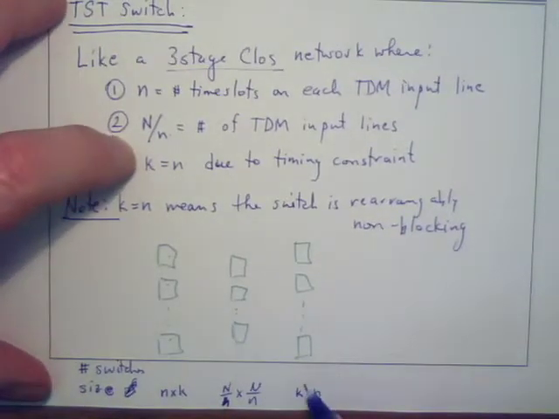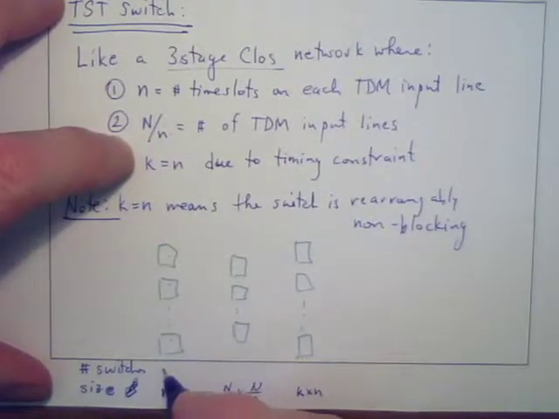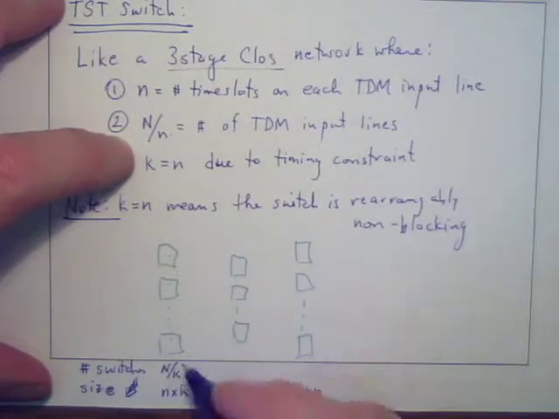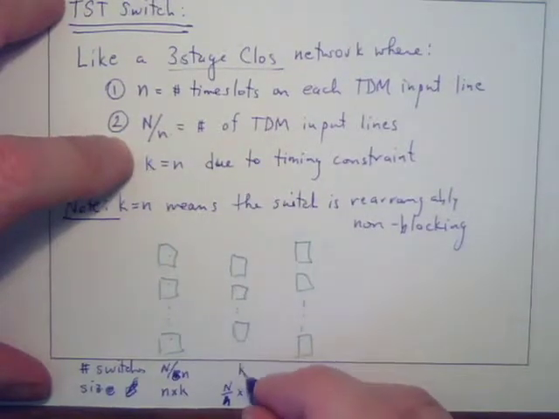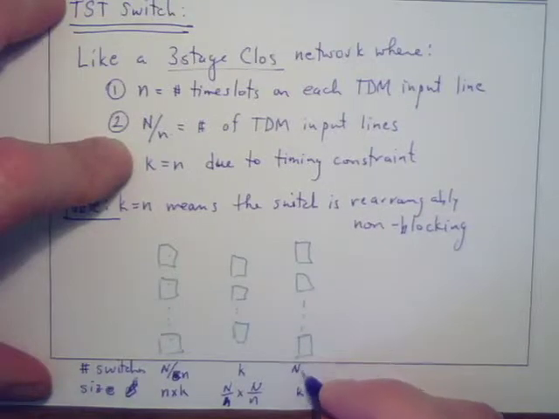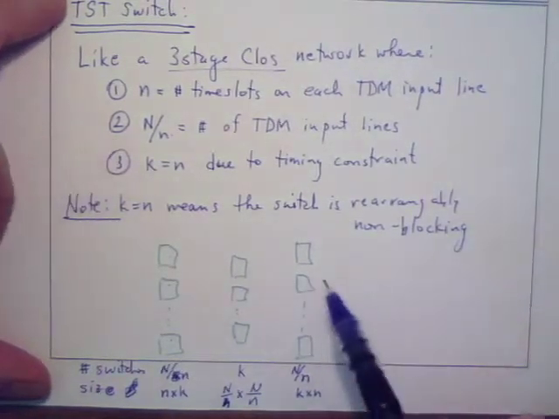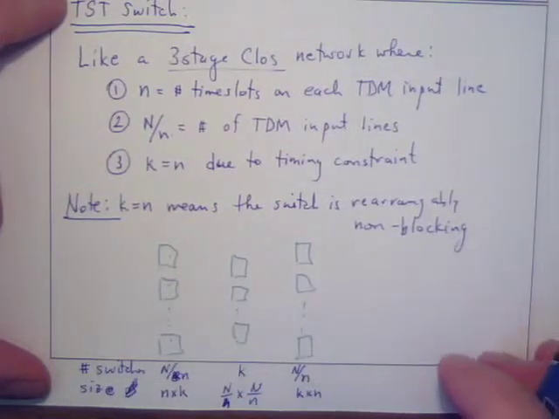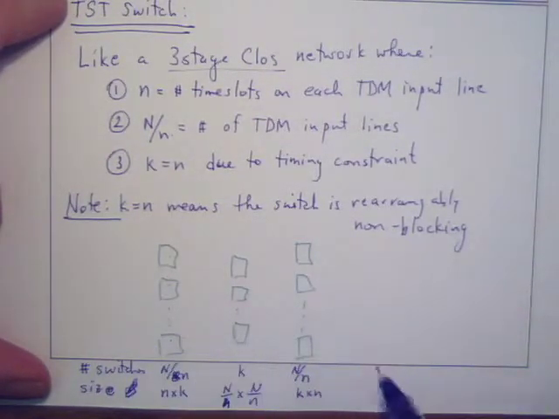The number of switches was big N by little n, and the number of switches in the center stage was k, and the number of switches on the output stage was big N by little n again.